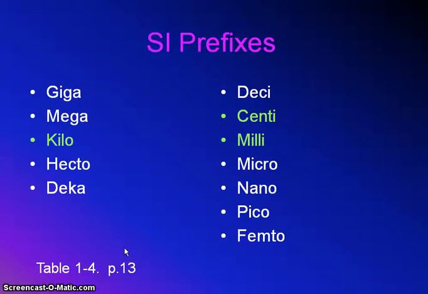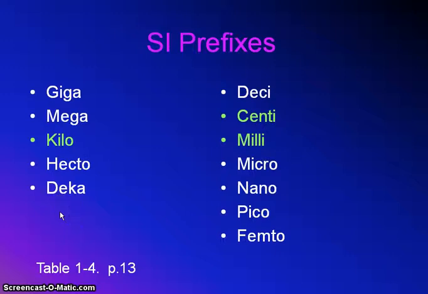Some prefixes that you should be familiar with, and these are in your book on page 13, but some you should know just off the top of your head should be kilo. Okay, say we're talking about meters, your base unit would fall right here, that's where your meters would be, and then kilo would be greater than that base unit.